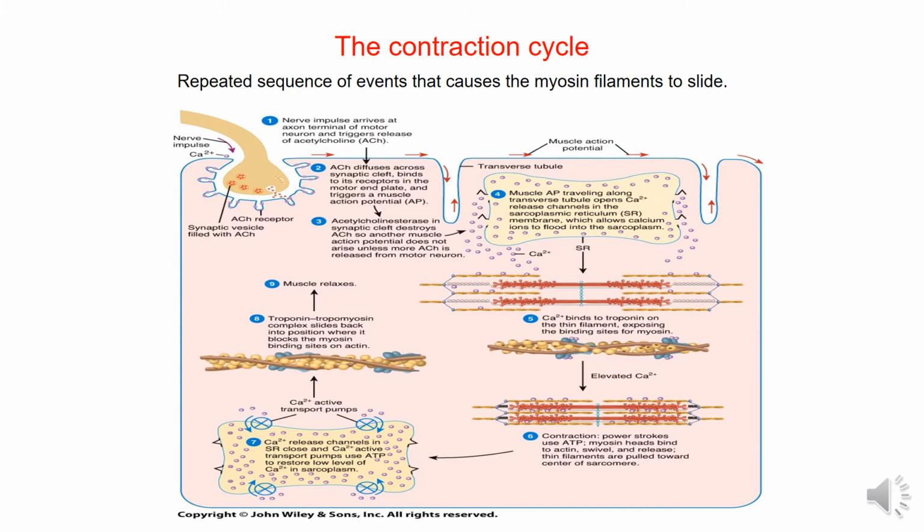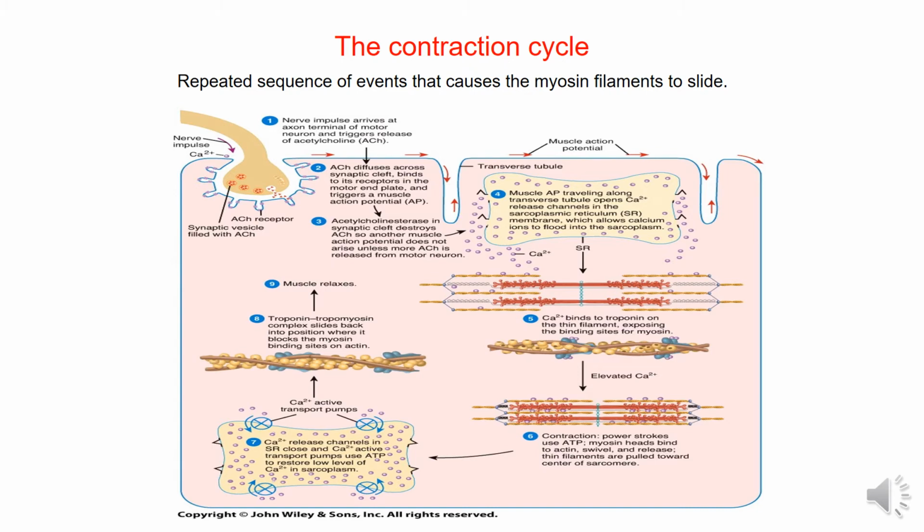The contraction cycle, the sequence of events that cause the myosin filament to slide. Number 1, the nerve impulse arrives at the nerve terminal, releasing acetylcholine. Acetylcholine diffuses and binds with the receptor, generating the motor end-plate potential, which generates depolarization that spreads along the muscle surface, the sarcolemma and the T-tubules. The acetylcholinesterase in the synaptic cleft destroys acetylcholine, so another muscle action potential does not arise unless more acetylcholine comes from the nerve terminal.